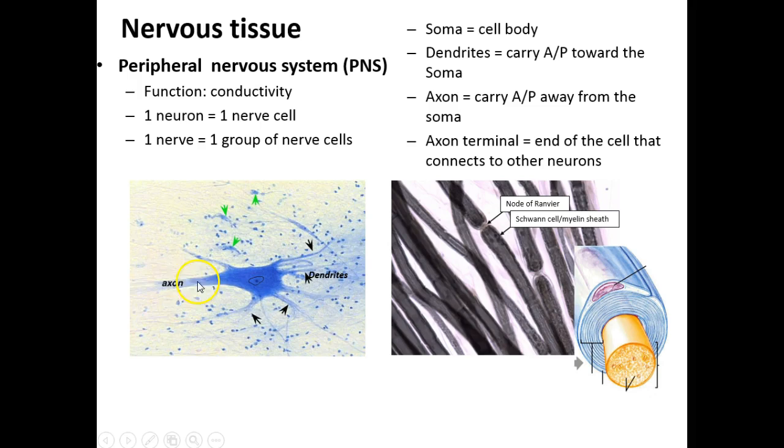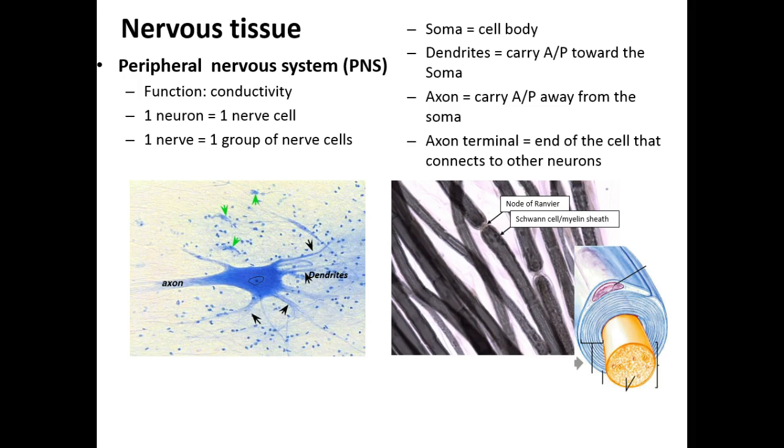There is a clearly defined axon coming out of this one, so you may or may not be able to actually tell which one's the axon, and that's okay, right? The axon is going to be the longer one, and we're also going to be looking at kind of a longer nerve cell, and you'll see myelin sheaths, which usually stain dark depending on the slide preparation.